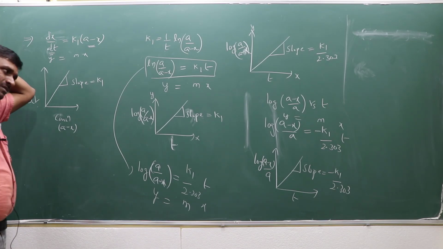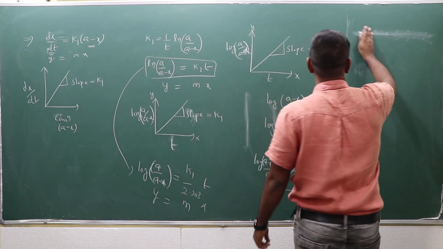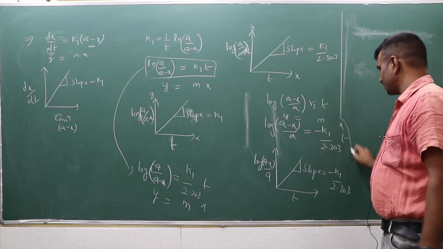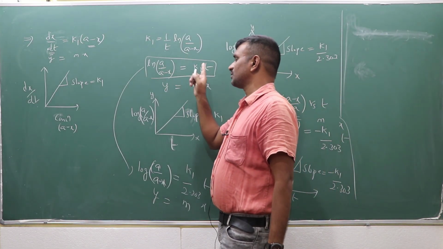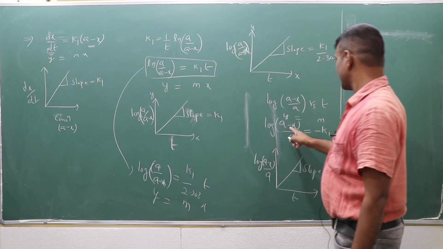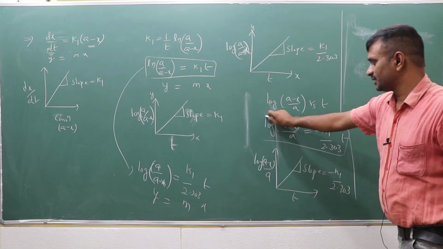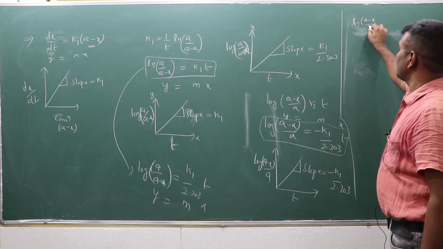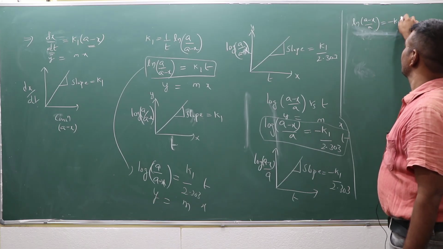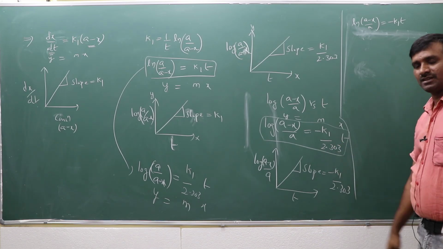And suppose the log a minus x versus t plot. So you know that log a minus x is equal to k1 t. Suppose we know this formula, ln a minus x by a is equal to minus k1 into t, only ln if it is there, not 2.303.